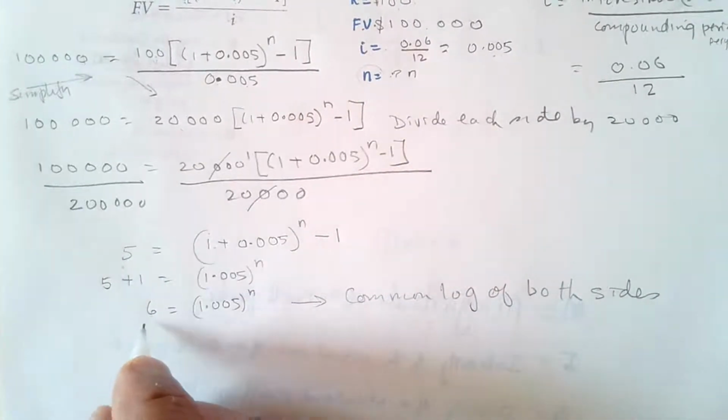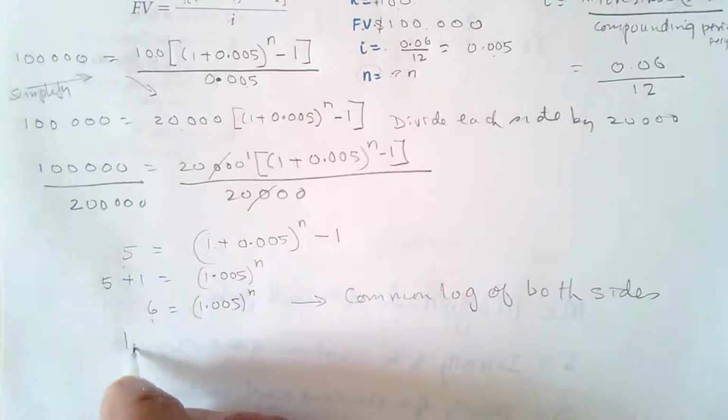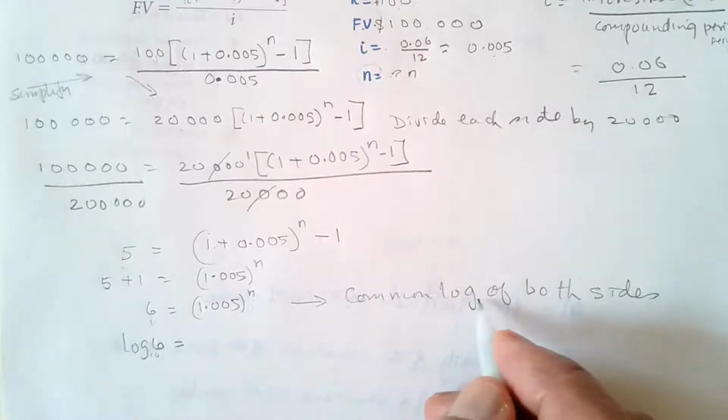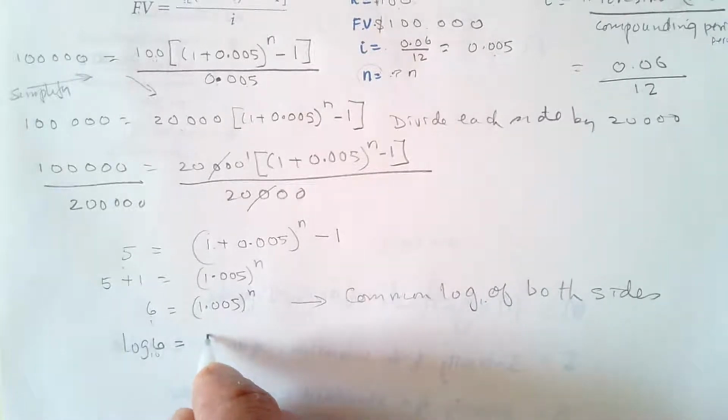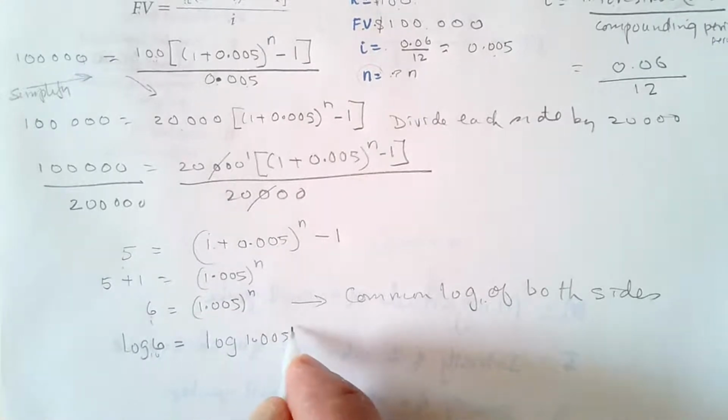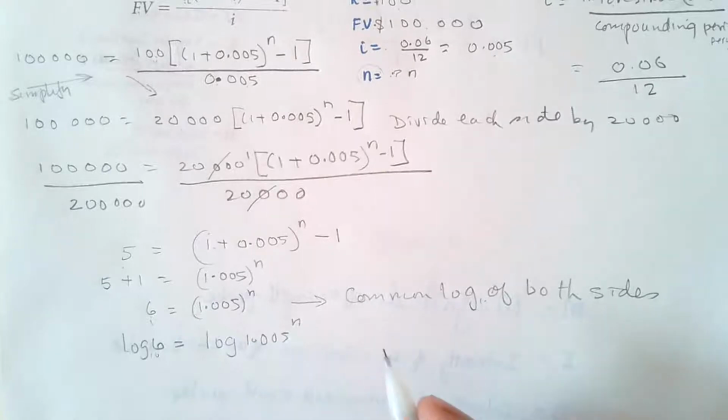So we'll have here log 6. Now we're using base 10, right? So this becomes log 1.005 to the power n.